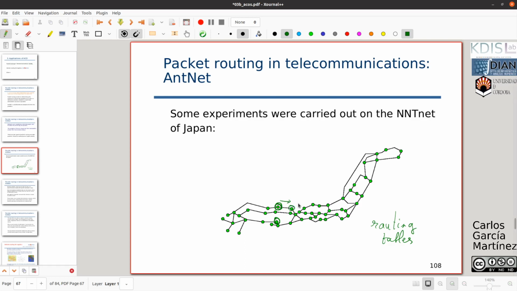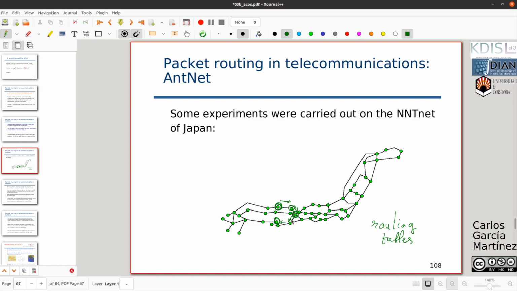This computer has also got another routing table, and it received the packet, and the routing table tells it to send the data packet through this link. This computer has another routing table, the data packet is sent through this link, and so on.